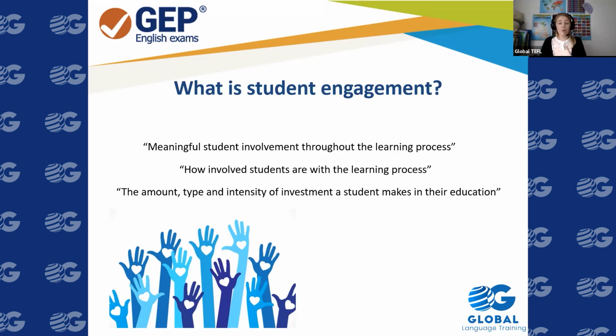The class might go really well, but if your student is only engaged in the learning process for that 1 hour of class per week, then you're going to have a very long and very slow journey with your student. So, when we're talking about student engagement, we want to think about getting the student involved in as much of the learning process as possible.